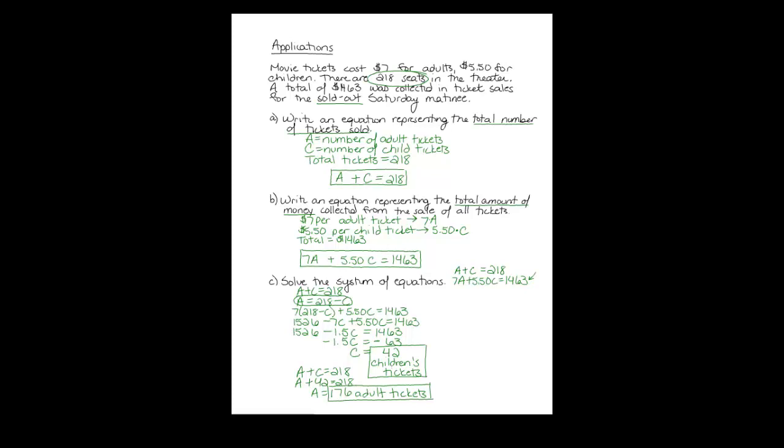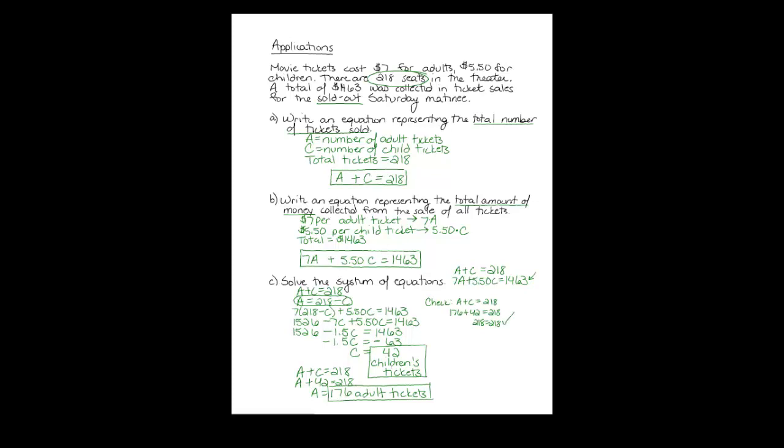Now you always do want to perform a check when you're working with a system of equations. So I'm just going to do that over here. We have our first equation, A plus C equals 218. Plugging in our values, we have 176 adult tickets, that's A, plus 42, that's C, equals 218. 176 plus 42, 218 equals 218.